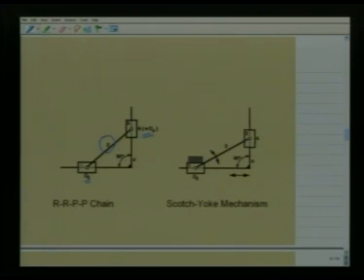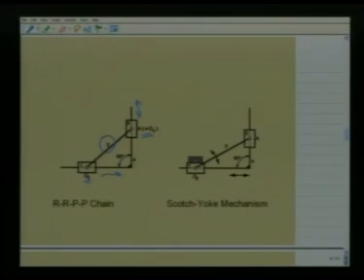Similarly, link number 1 has a revolute pair with 2 and a prismatic pair with 4 in the horizontal direction. We consider a special case when these two prismatic pairs have an angle of 90 degrees between them. From such a 2R2P, that is RRPP chain, we can have different mechanisms by the process of kinematic inversion.